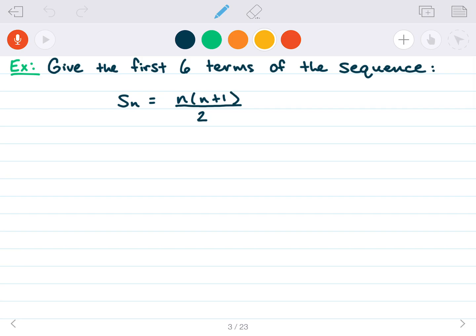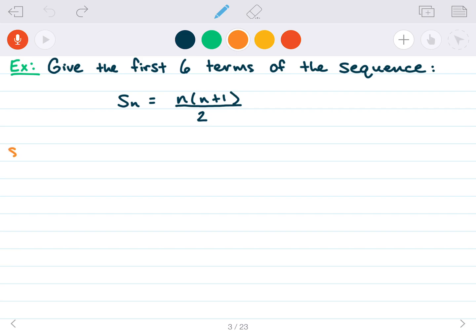Okay, so let's do some examples. Give the first 6 terms of the sequence. Here we're given a rule. Sometimes we write it with curly braces like this. It's telling us that the rule is n times n plus 1, over 2, where n is where we're at in the list.